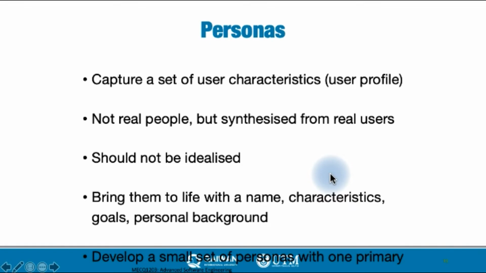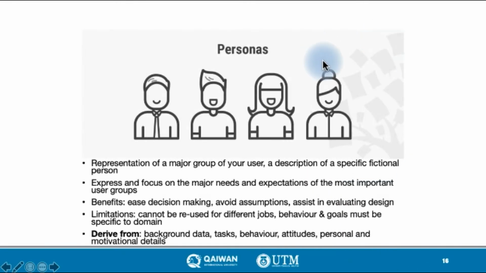As a developer, I will know my users and their basic background. So when I come out with the product based on them, the background of study, gender, age, all these things I have to keep in mind. So persona is just like the CV of the person. This is an example of a persona.